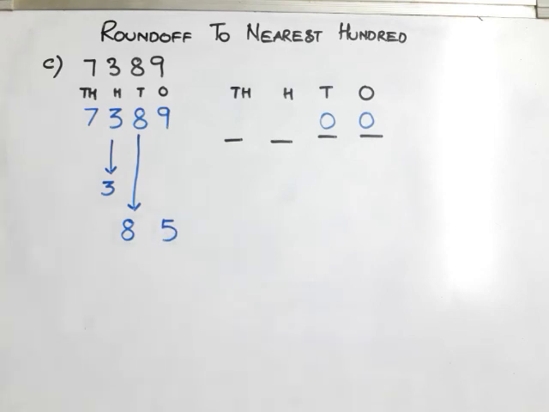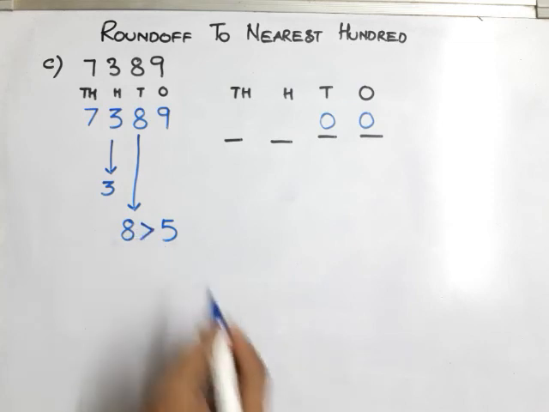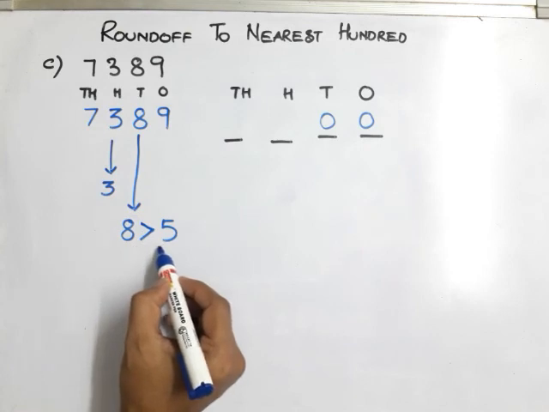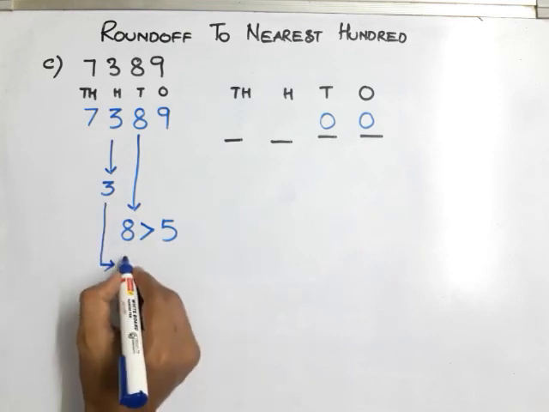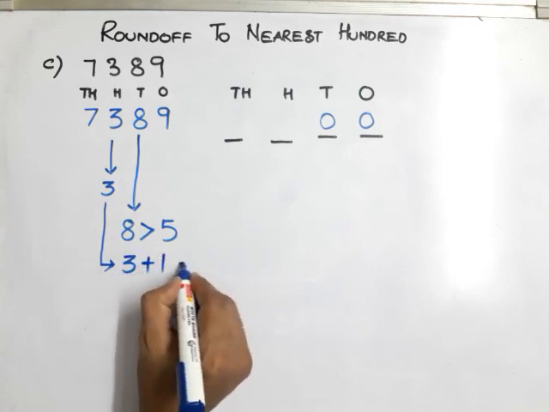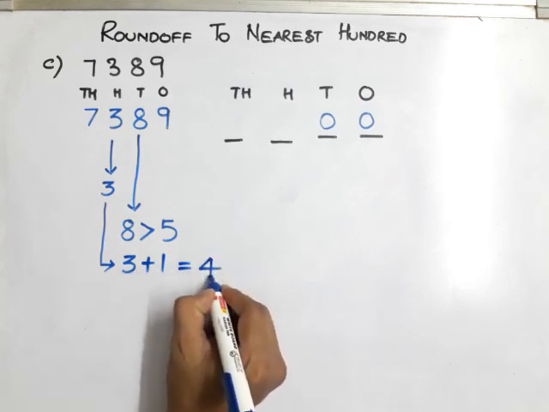On comparison, 8 is greater than 5. If the digit in tens place is greater than 5, we have to add 1 to the digit in hundreds place. Upon adding 1, 3 plus 1 becomes 4.